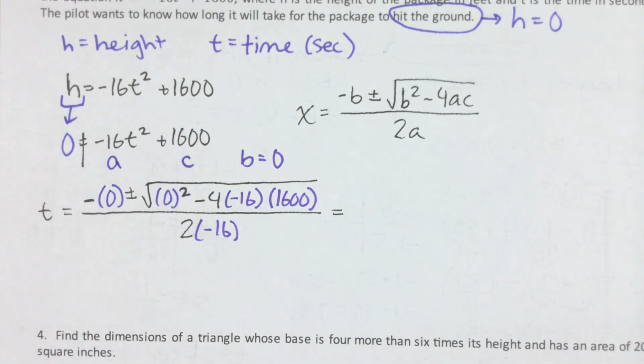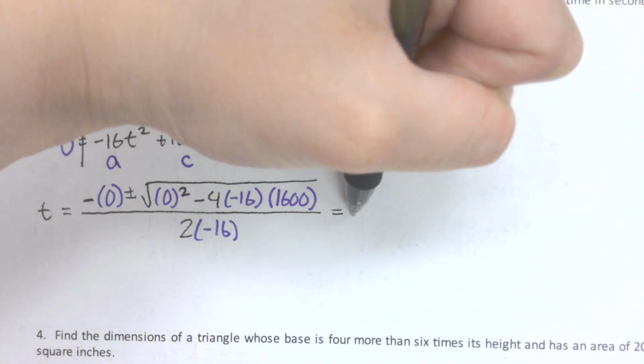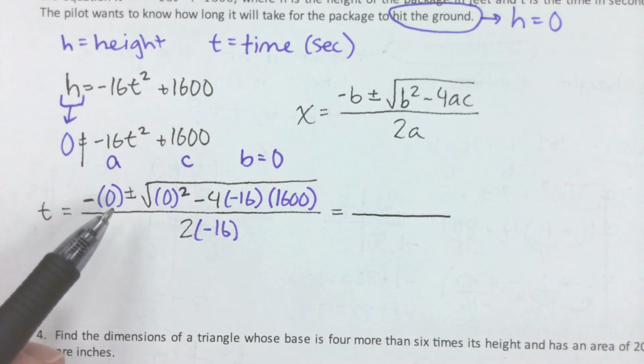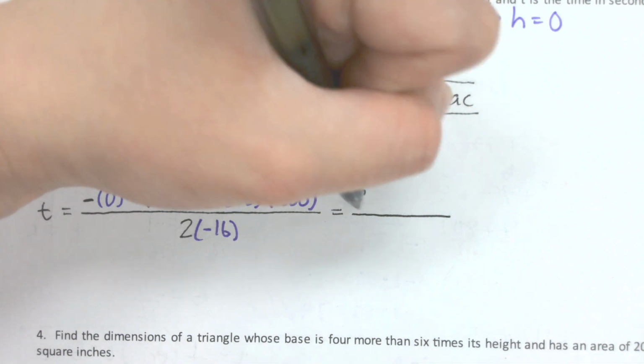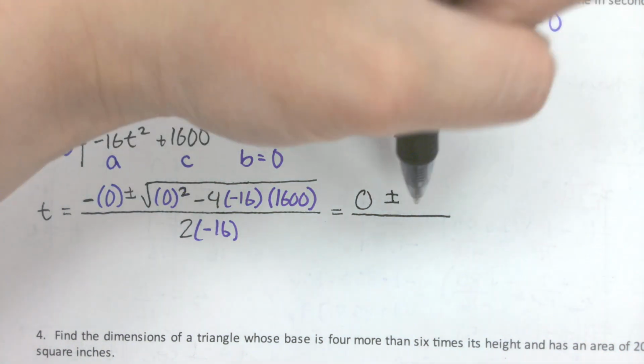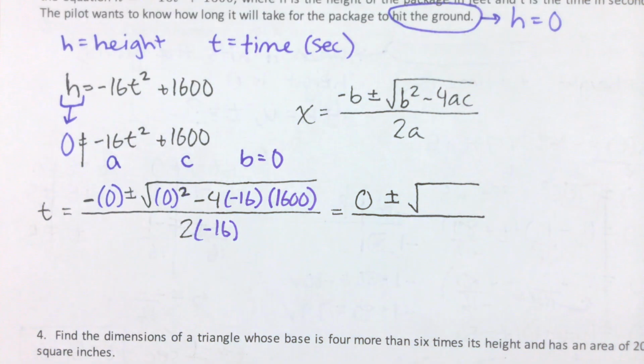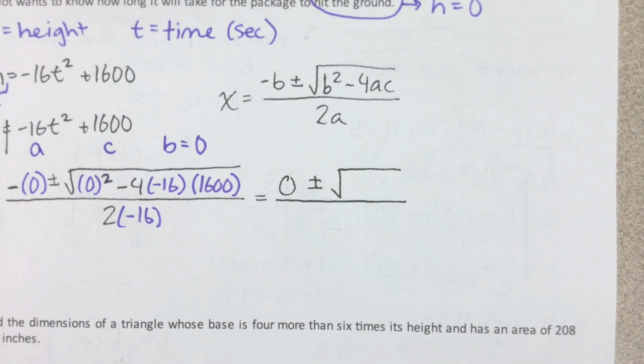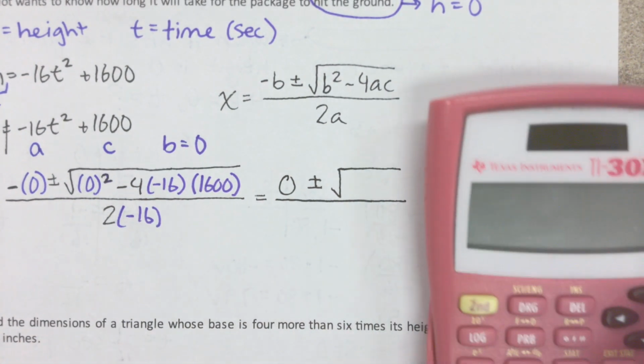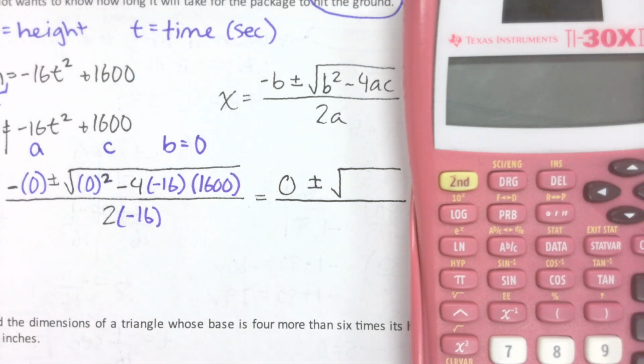Reminder, we can use our calculator to figure this out. Let's simplify this down a bit. Negative 0, that's just 0, plus or minus square root. We're going to use our calculator to figure out the number under the square root. Make sure you're practicing typing this stuff in.